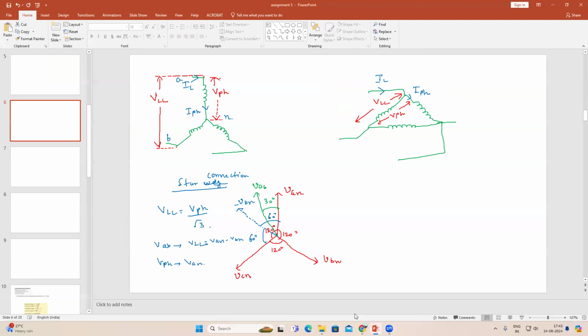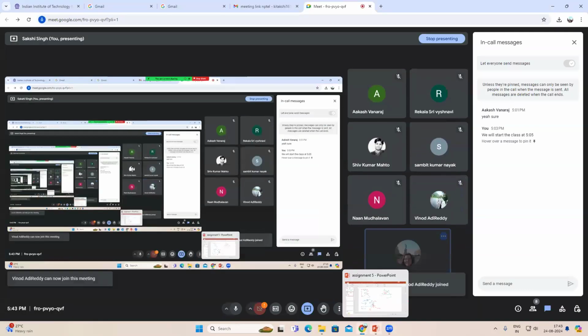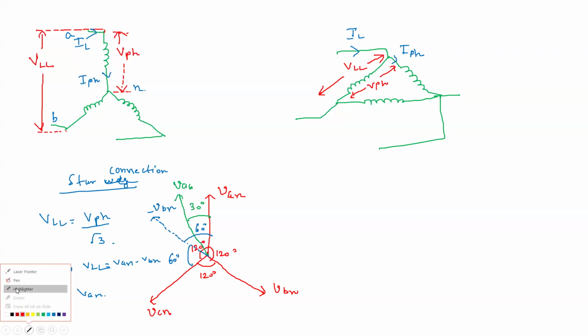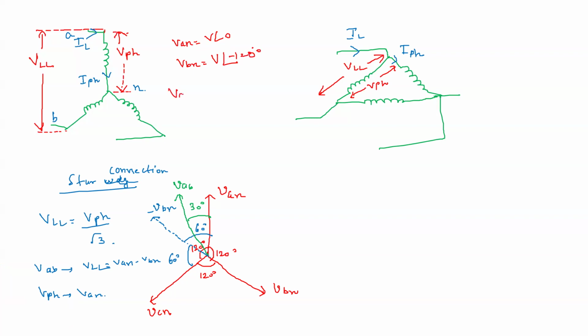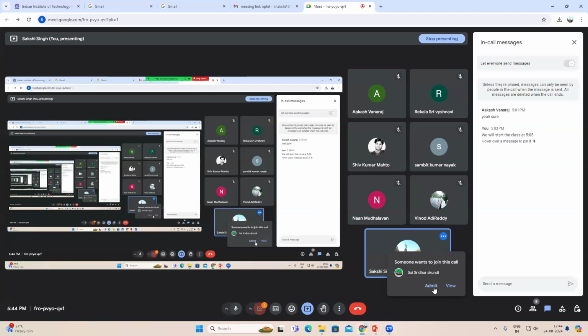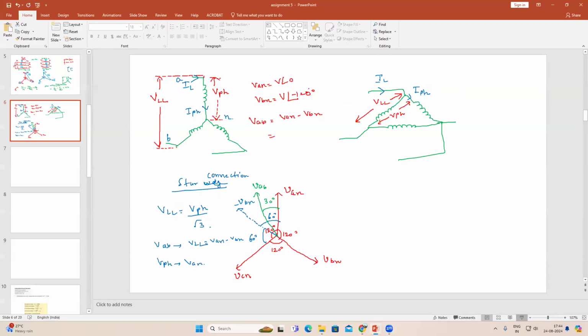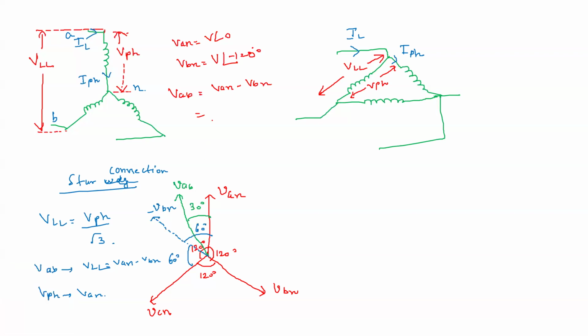If suppose VAN is V angle 0, VBN, as you understand, is the same magnitude but delayed by 120 degrees. So VAB, which is VAN minus VBN, is V angle 0 minus V angle minus 120 degrees.